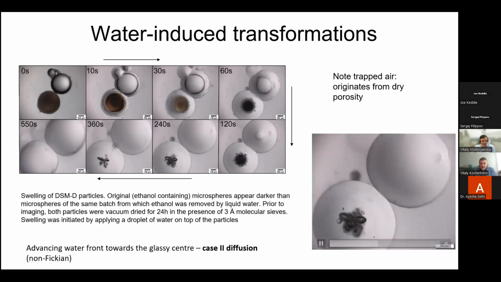It traps the air inside the particle, and then we can see it. But in the particle on top, this process happened the first time when we hydrated it, and so it didn't have any air trapped in the dry porosity.